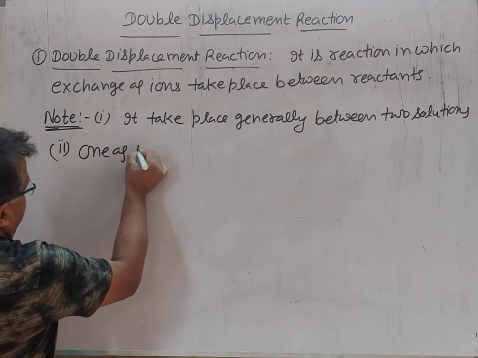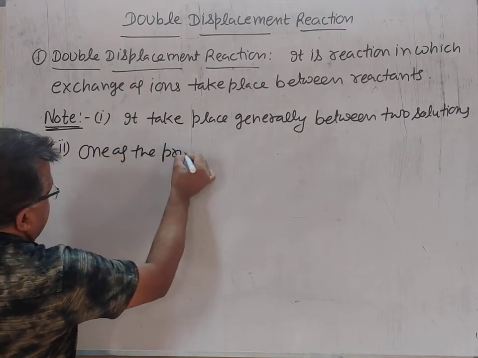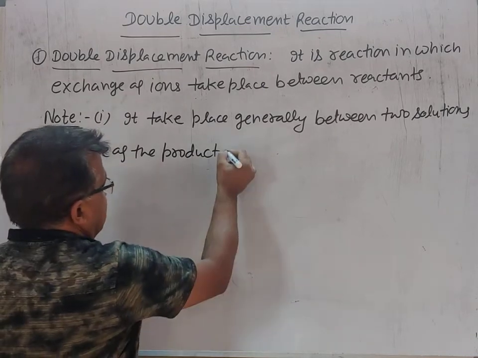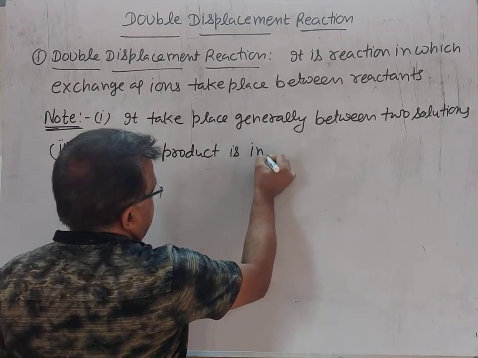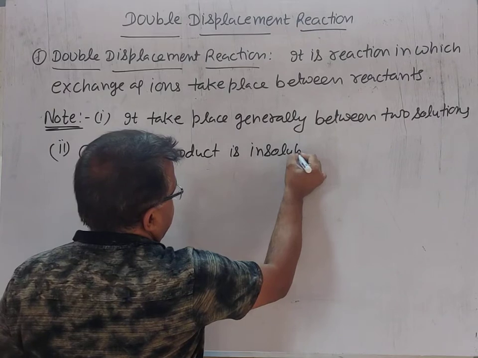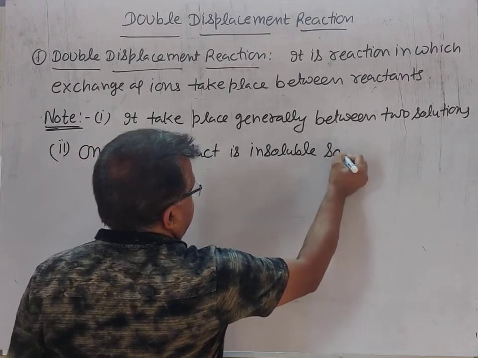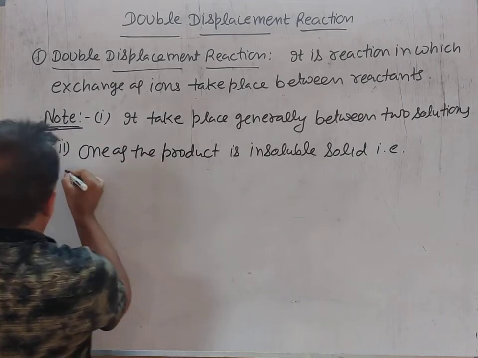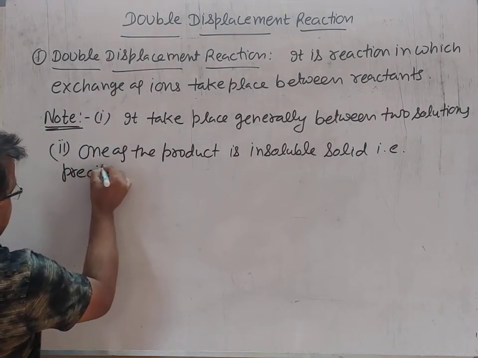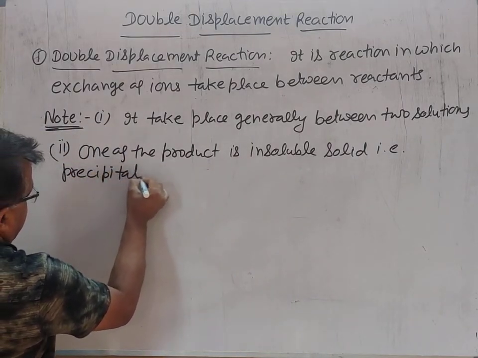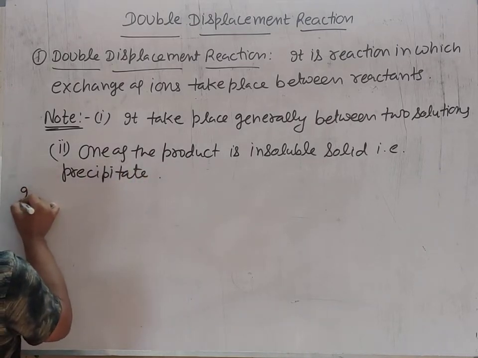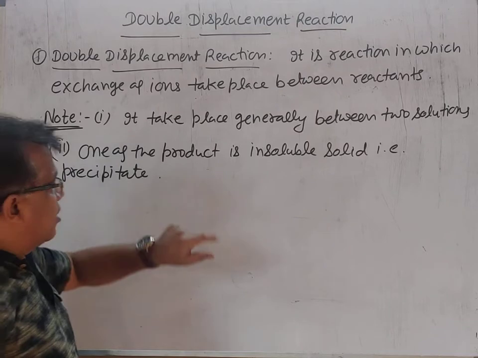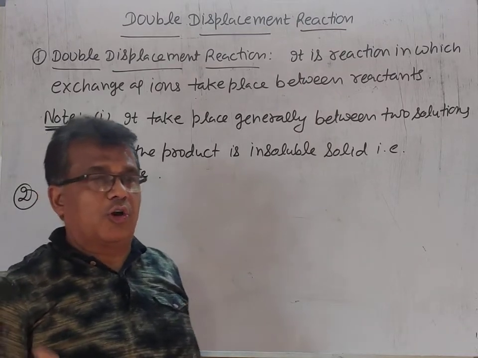One of the products is an insoluble solid, that is, precipitate. So one thing is that a precipitate is formed and it occurs between two solutions.